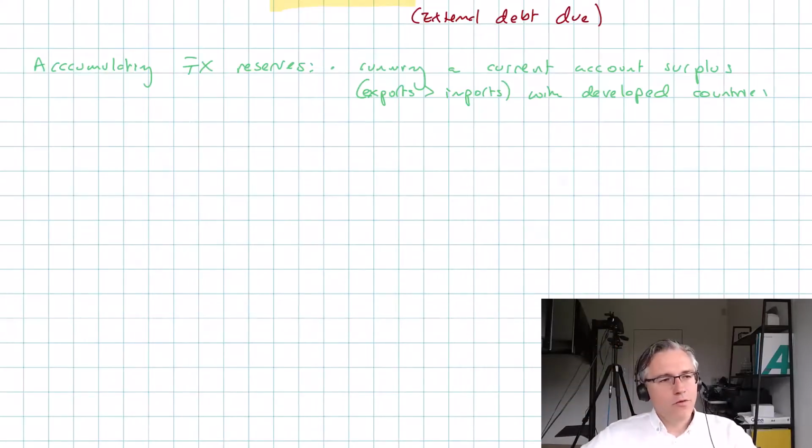And you may think, well, how does that end up with the central bank? Well, if I'm a Polish company and I'm exporting to the US, I'll get inflows in US dollars. I may have to also import some parts, etc., and pay for them in US dollars as well.